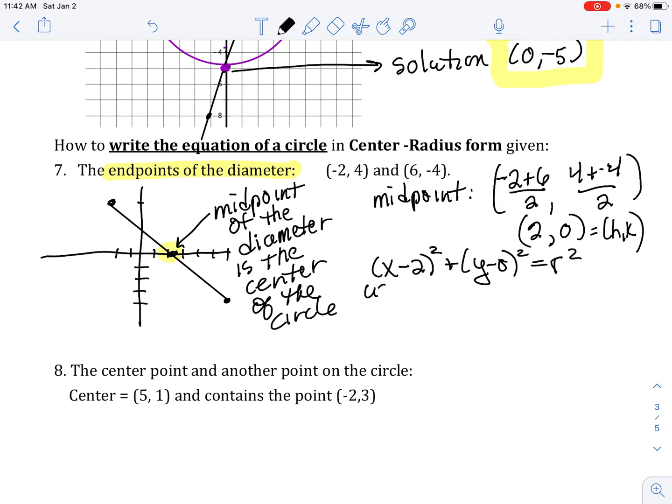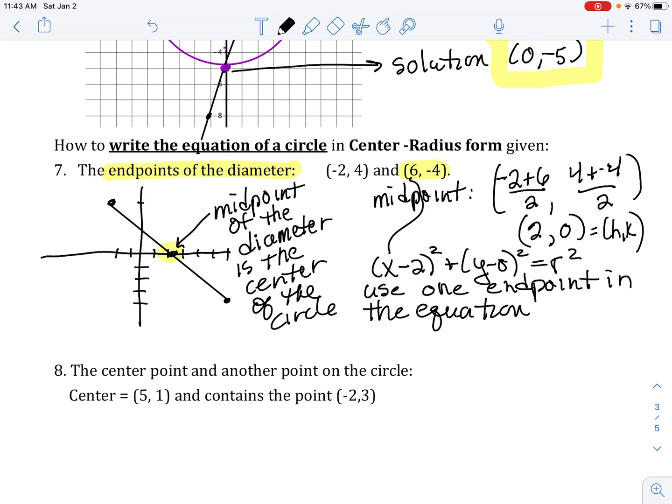I'm going to use one endpoint in the equation to determine the radius. So watch. Which one should I use? Let's use this one, okay? So I'm going to put 6 in for x, -4 in for y.